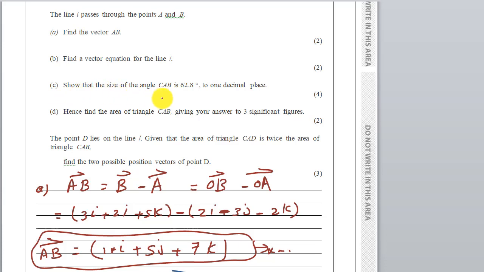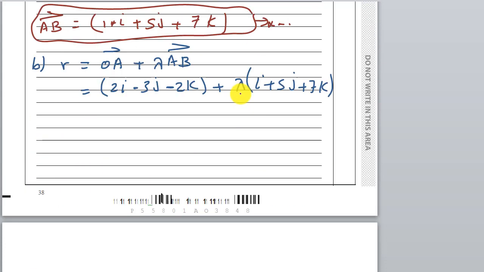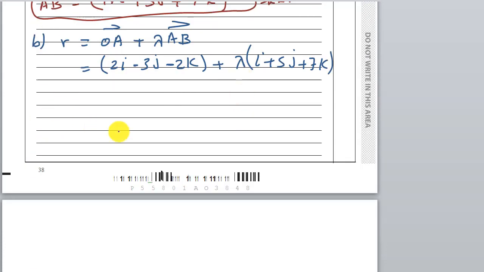Show that the size of the angle CAB is 62.8 to 1 decimal place. So we need now the angle. If this is A, B, and C, we need the angle CAB, which is this one.